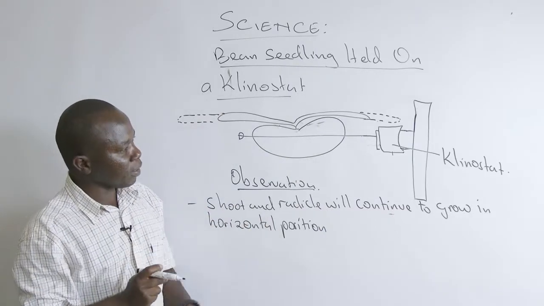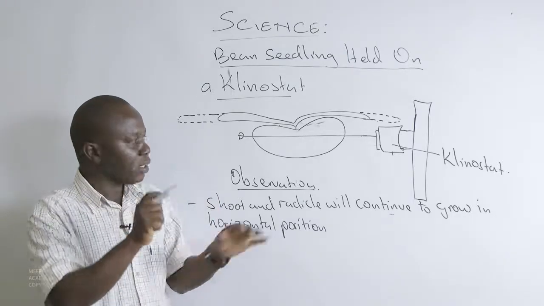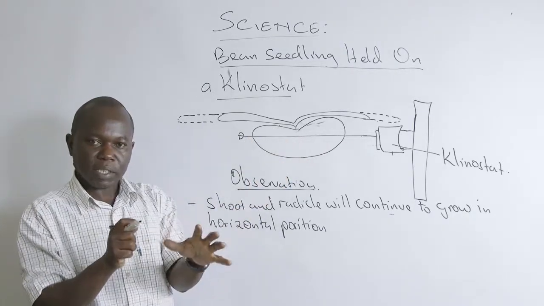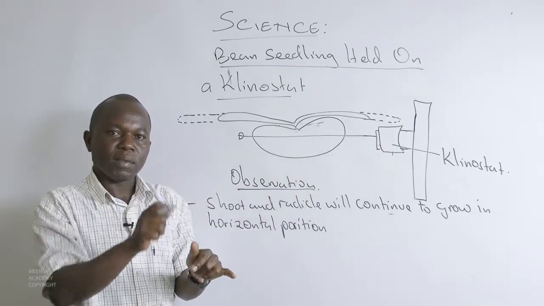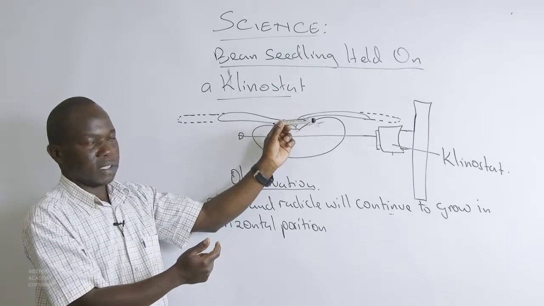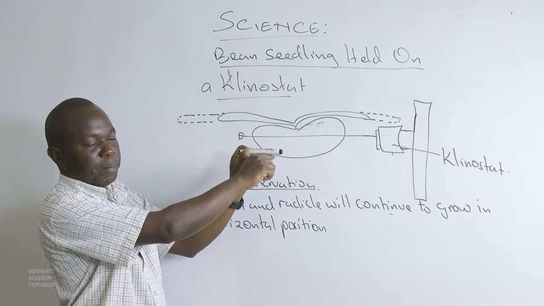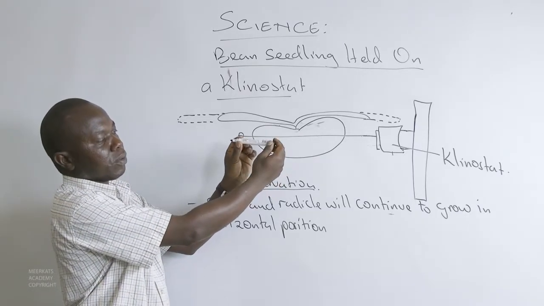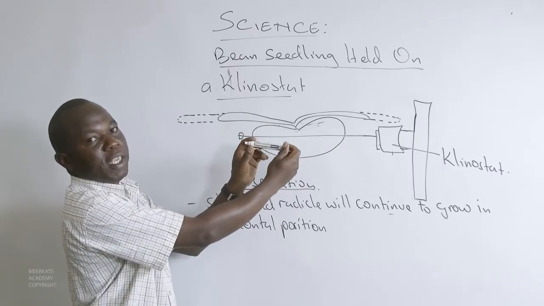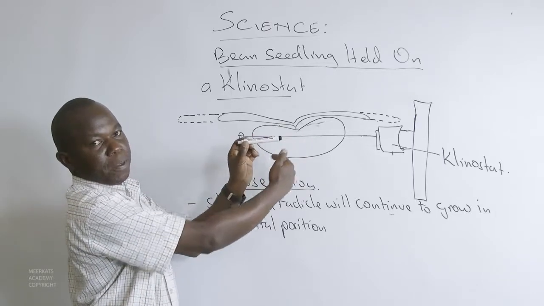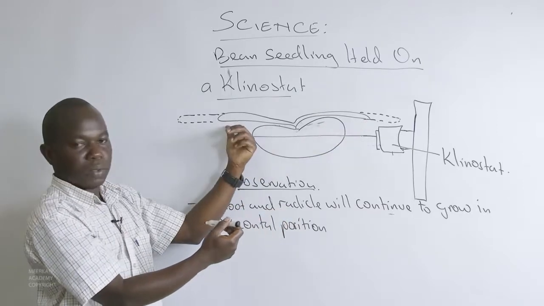So how do we explain this? We have said a clinostat is an instrument that has a motor and it rotates. Because the seedling has been attached firmly using a pin on that clinostat, it's going to rotate. If auxins were at that lower point due to gravity, but now it starts to rotate, auxins will now be evenly distributed at both the root tip and the shoot tip.